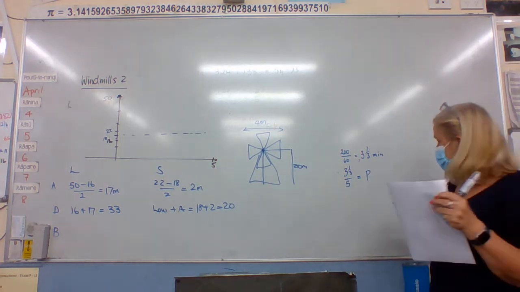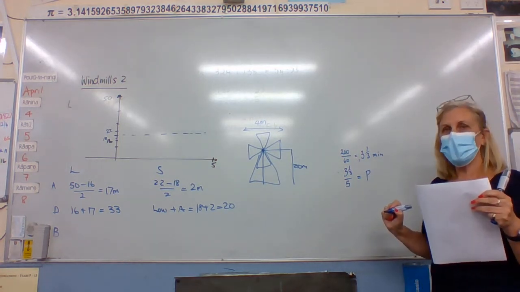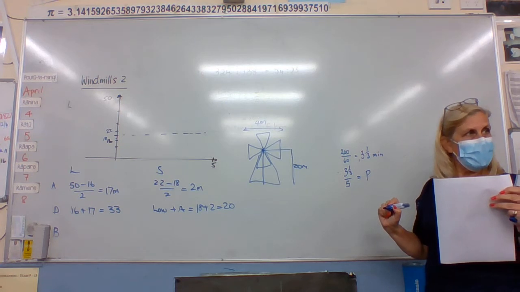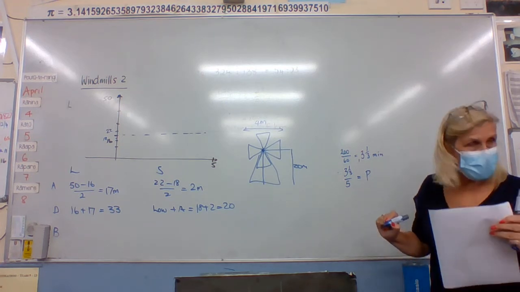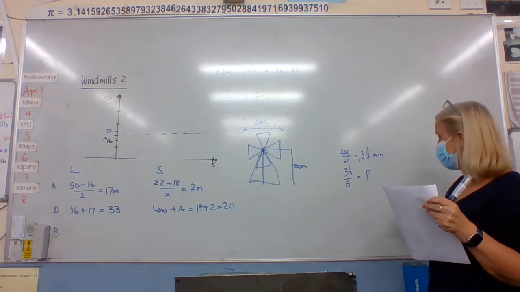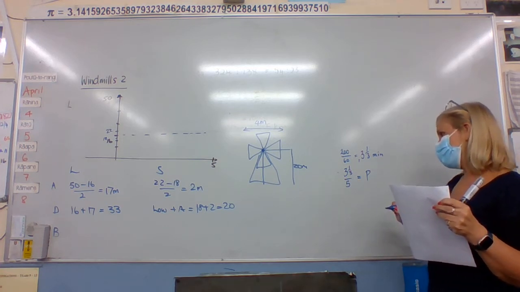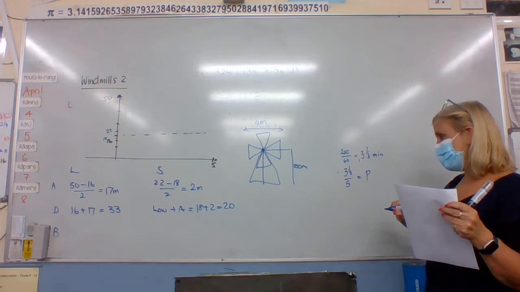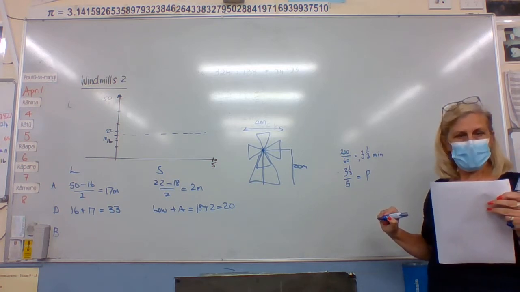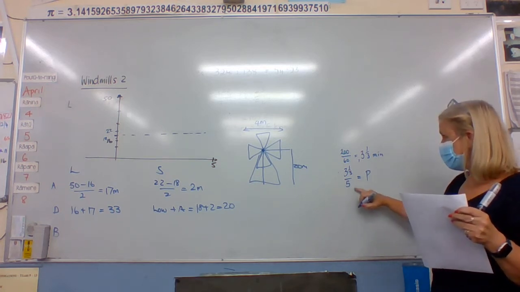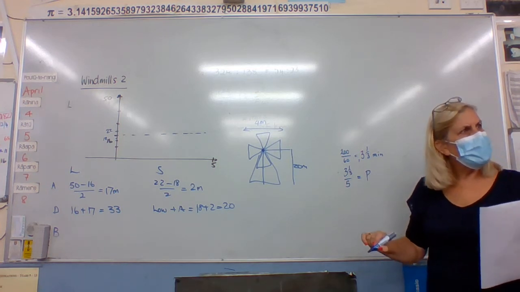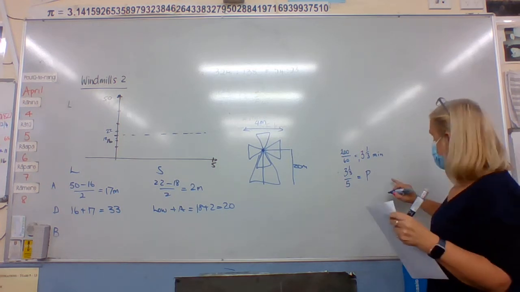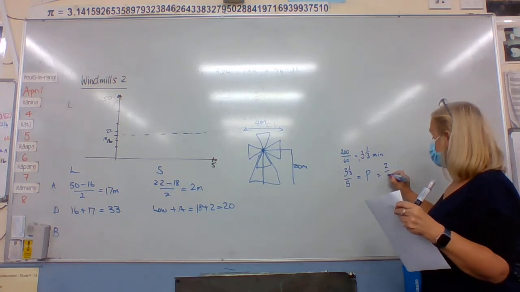So whatever that is, somebody give me a nice decimal. Hello? Did you put it in? 3 1/3 divided by 5. 10/3 over 5, that's 10/15, 2/3? Yeah. Okay. So it equals 2/3.